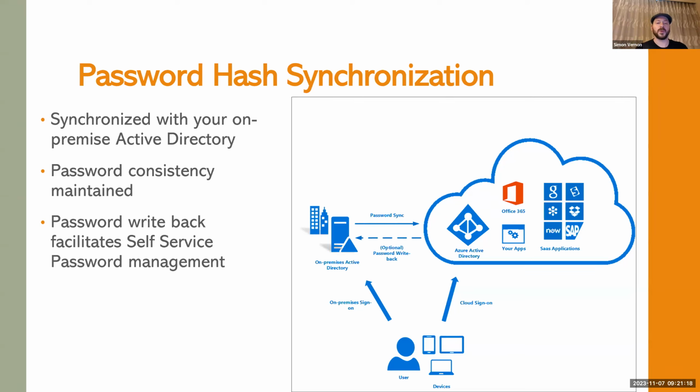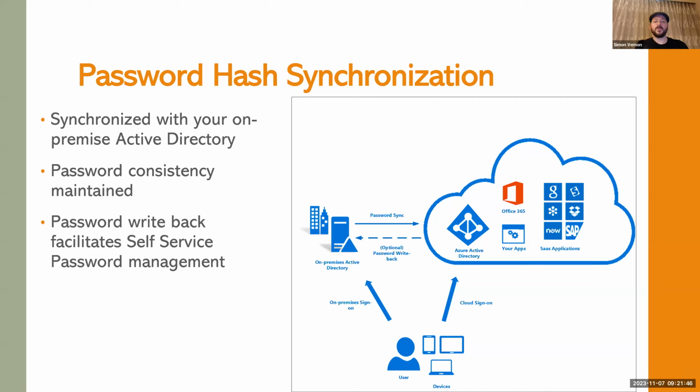The first one. We have a few options available to us to synchronize our on-prem services with our cloud-based Entra ID accounts. Password hash synchronization. This is probably the easiest one to implement, and it has some really useful functionality, but it doesn't include things like single sign-on. This just creates a synchronization between our directory structures, both at our on-prem services and our Entra ID.